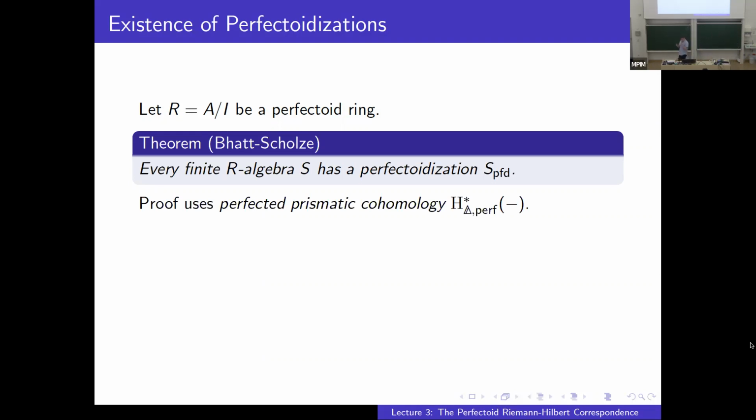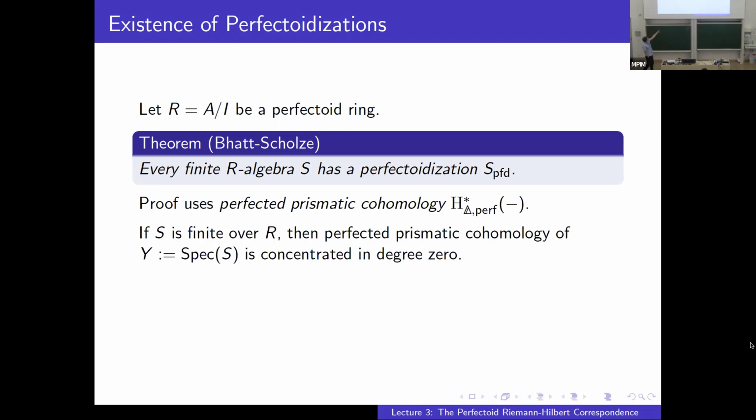They gave you a way of constructing it using their theory of perfected prismatic cohomology. So if S is finite over R, what they proved is that if you take the perfected prismatic cohomology of Spec S, or Spf S if you prefer, then this actually lives only in degree 0.